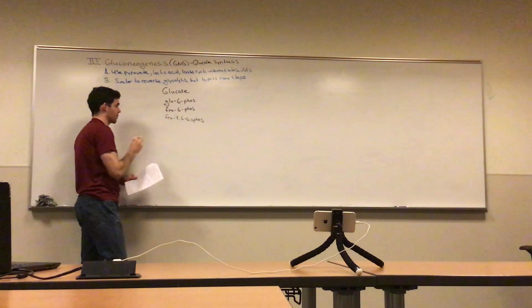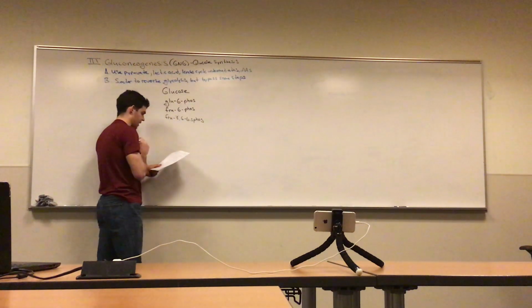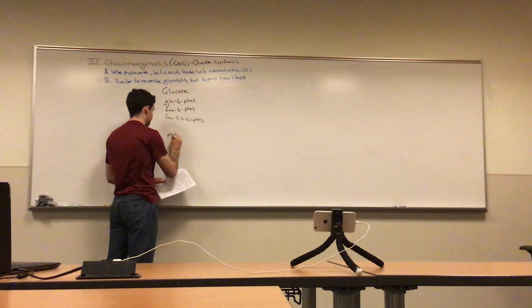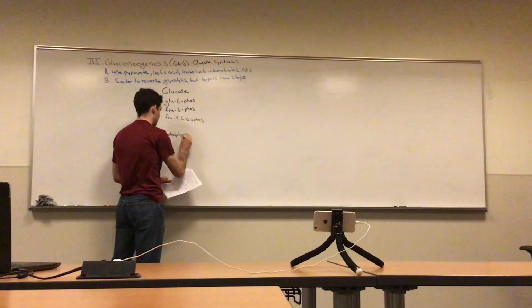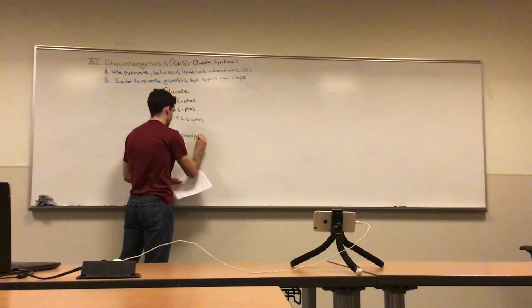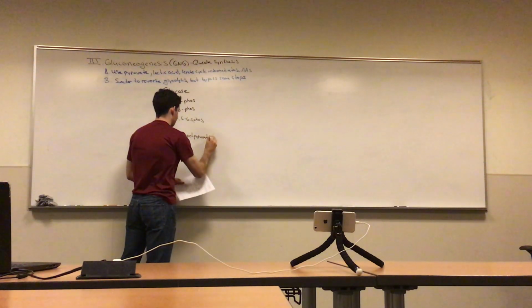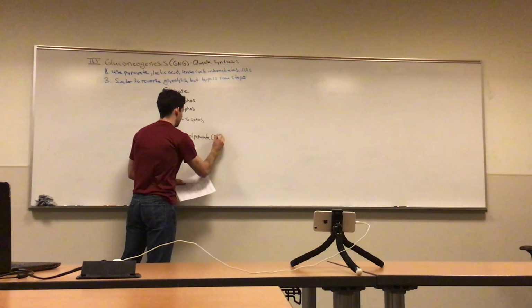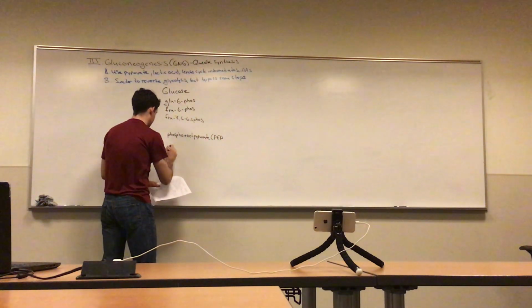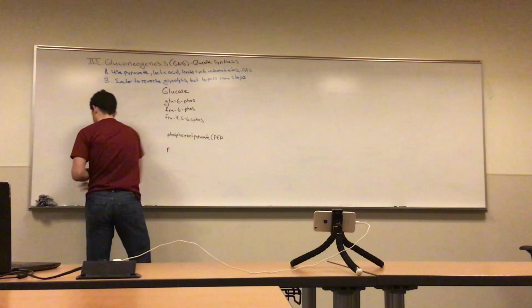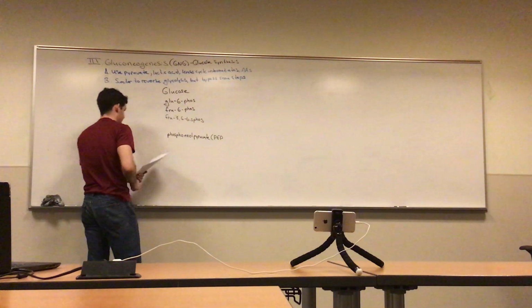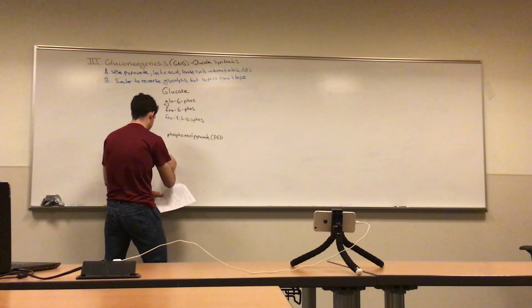Then we go through a couple of reactions and we get something called phosphoenolpyruvate, which is PEP, and then after that we get pyruvate.